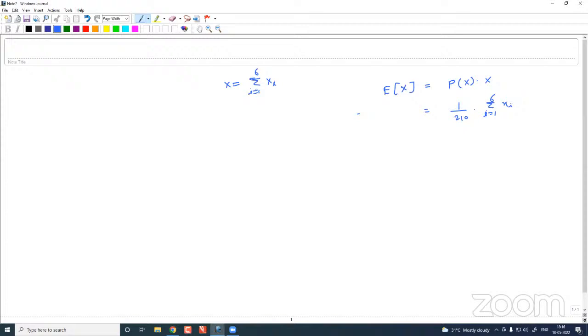Any 6 balls. 1 by 10, sir, is the answer. How will it be 1 by 10? So now we have to take the summation, right? 1 to 6. What will that be? 21. So 21 divided by 10.